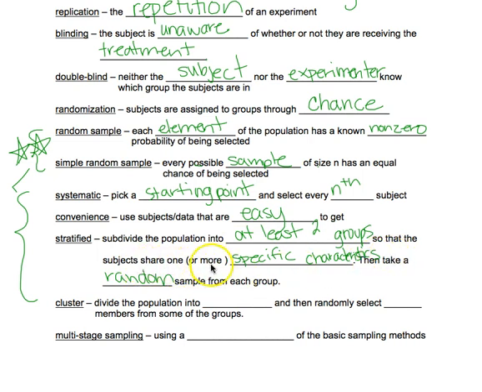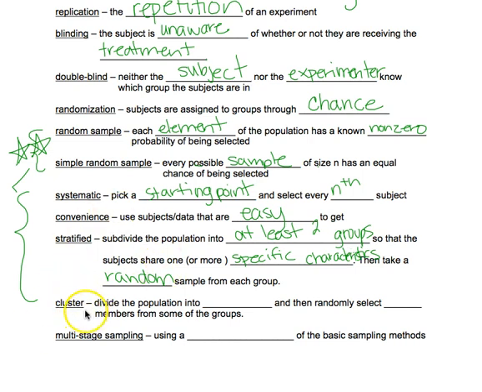The subjects share a specific characteristic, so they share their grade level. If we did that with all the students in our class, stratified would mean that after we divided them into freshmen, sophomores, juniors, and seniors, we would then randomly pick, say, 3 students from each group. So all the groups are represented, and it's a specific number, and it's selected randomly.